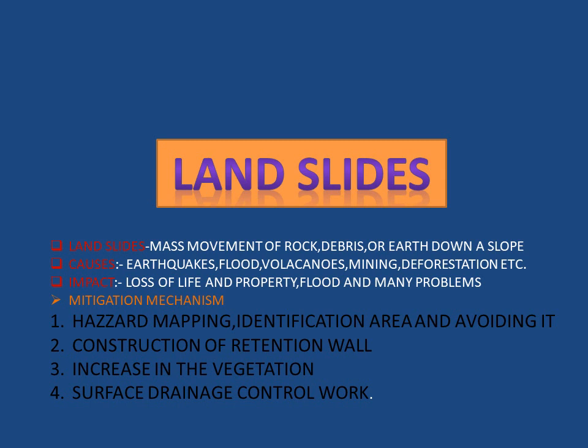Landslide case study. Again, for land, you have a case study of a landslide mentioned in your textbook, near Reckong Peo in Kinnaur district of Himachal Pradesh. What happened was a severe landslide which damaged National Highway 22 and the Hindustan-Tibet Road. So there have been episodes of landslides, and mitigation of landslides is important.